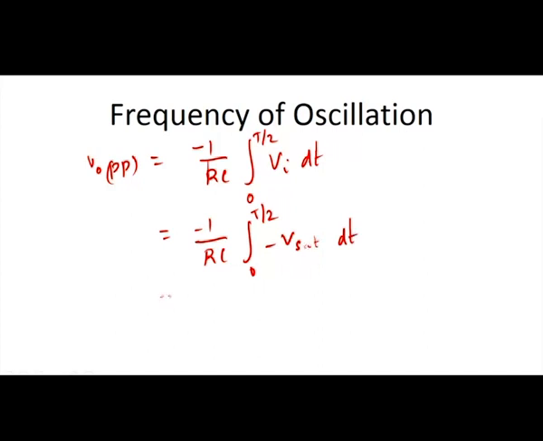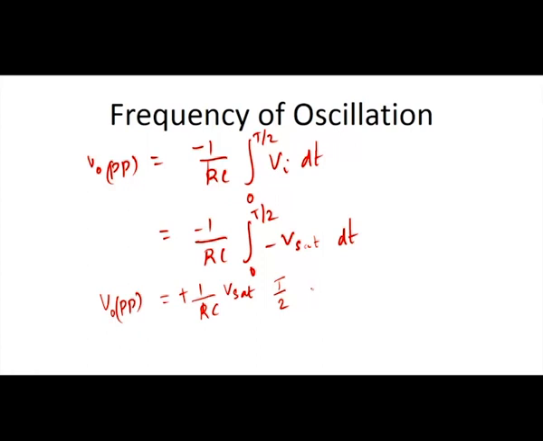So, now this will be minus 1 by RC, and this minus, if you take it out, is plus 1 by RC. V saturation, we know that it is a constant voltage, 1 volt lesser than the supply voltage. If you integrate a constant term, you will have the limit T by 2, and this is V out peak to peak.